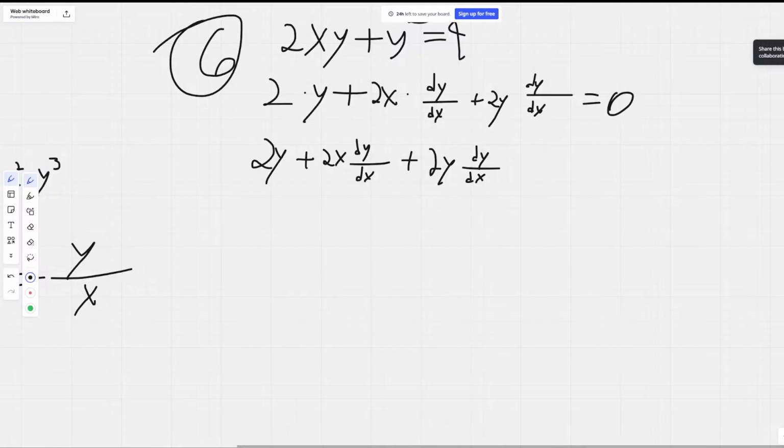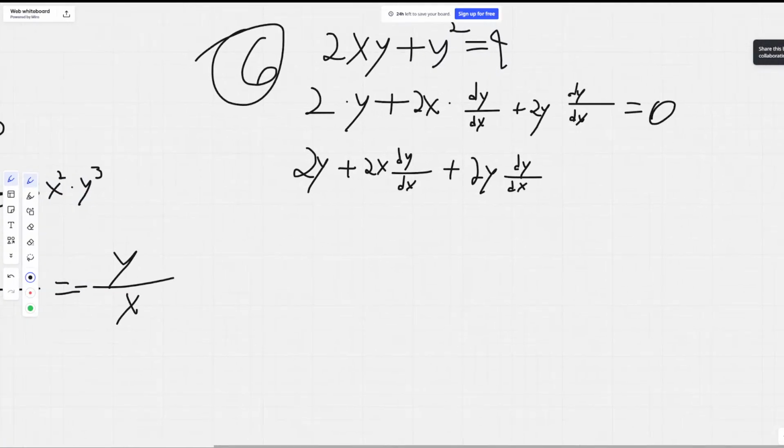Then we shall move it initially by putting this over to the right side. And by this, I mean this.